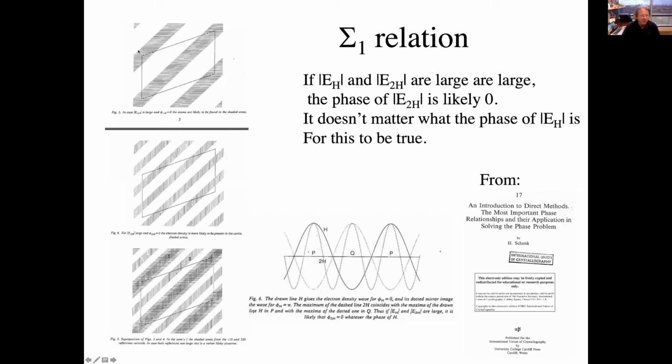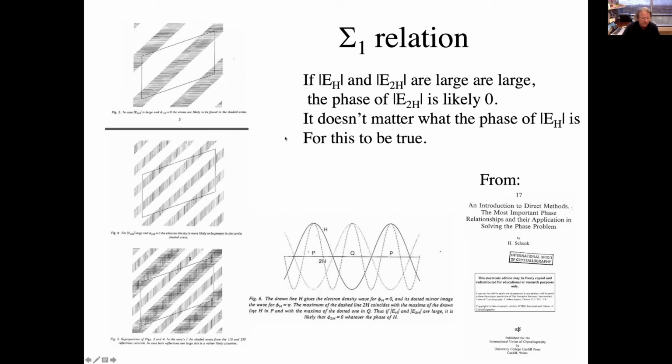It would go up, down, up, and because of the squaring of the structure factor, you would get a row of high density where atoms are likely to be at this position, and this position. So if the 1, 1, 0 is large, then the stripes in these positions would tend to be large.